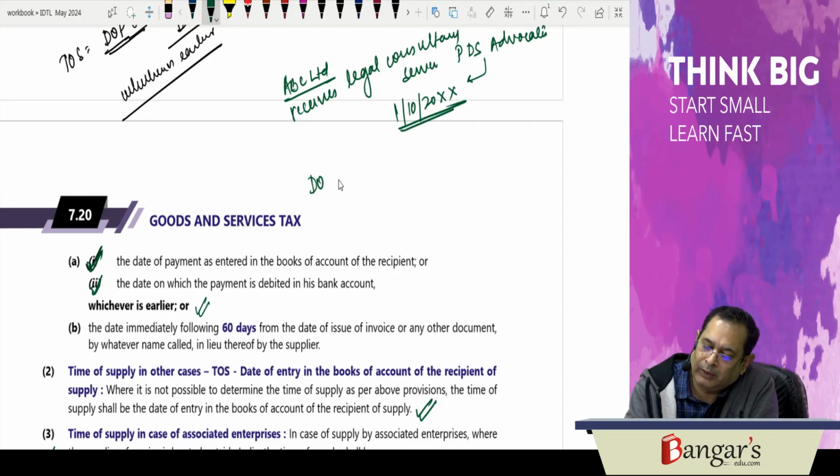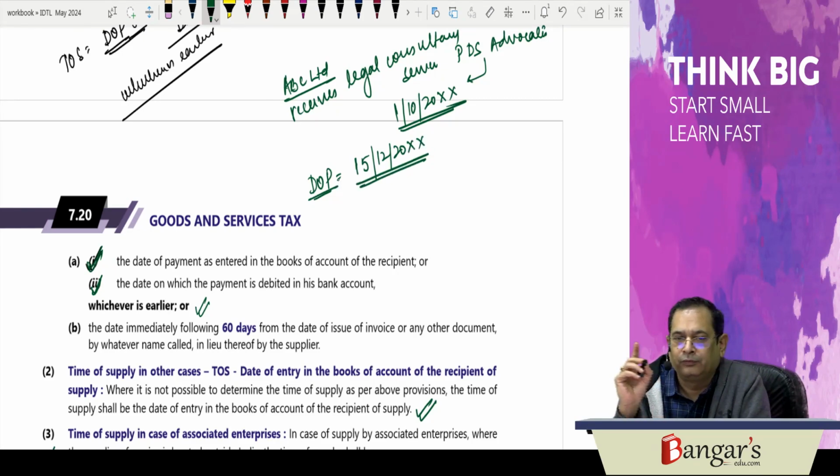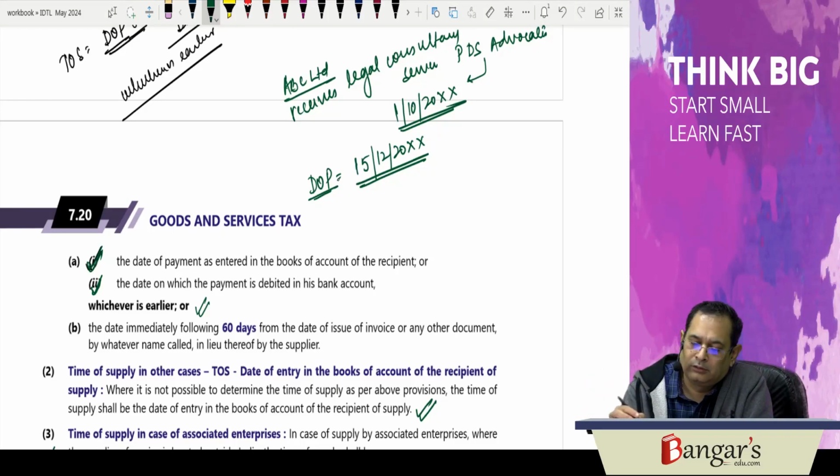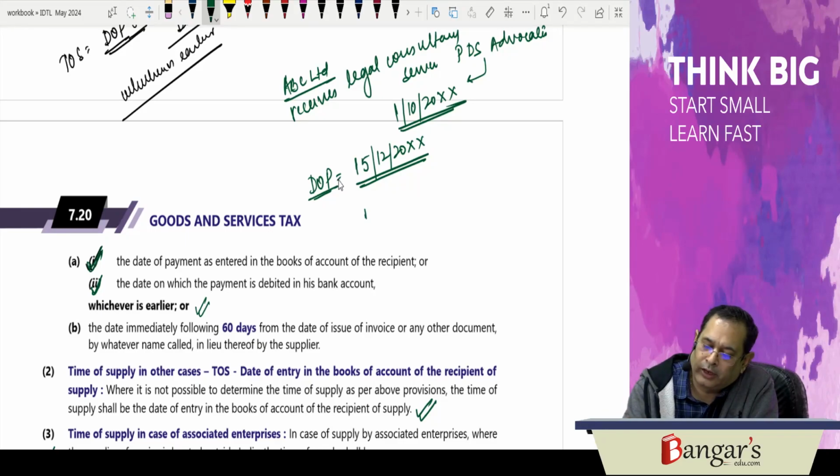In the first situation, the payment made by ABC is on 15th of December, and in the second situation, the payment is made on 10th of November.